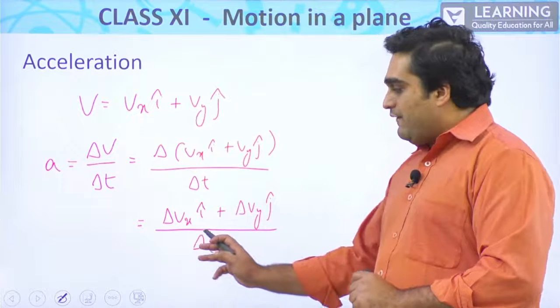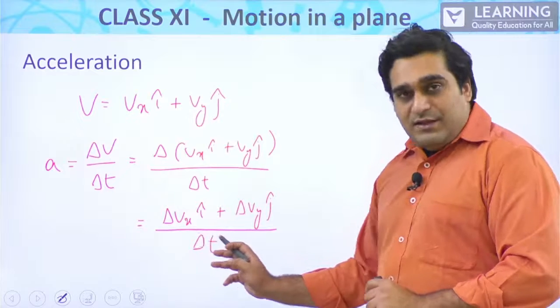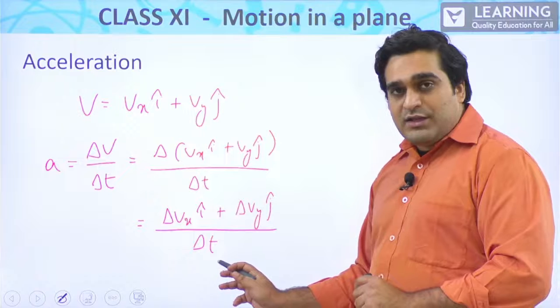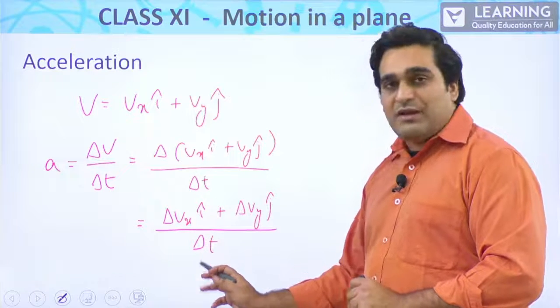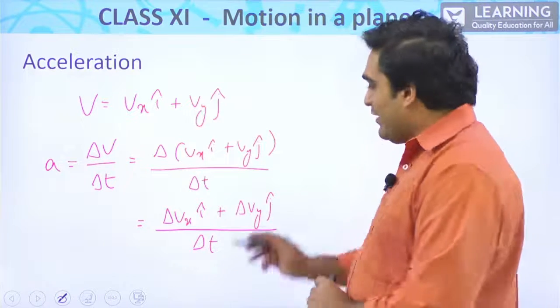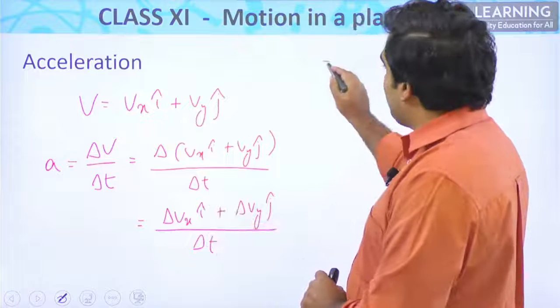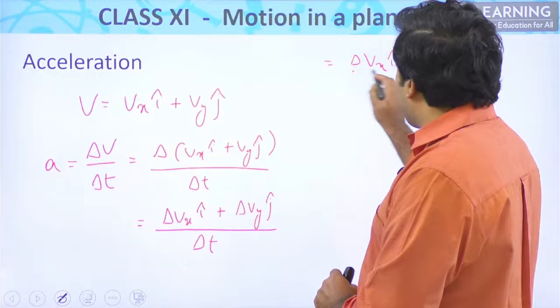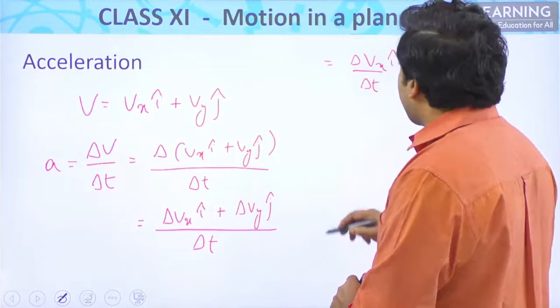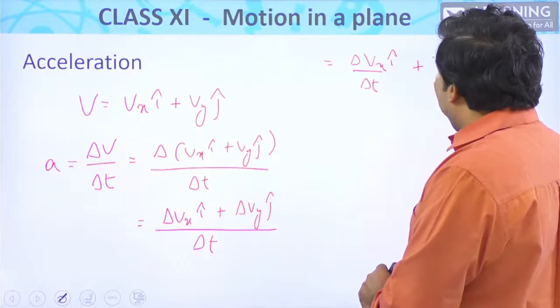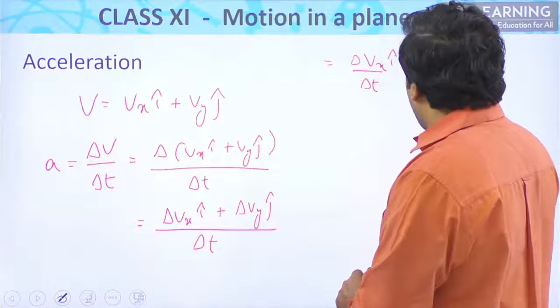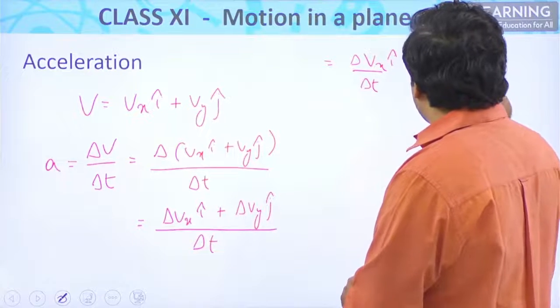Now that you have the LCM, which is delta t, these two terms will have the same denominator, which is delta t. So I will separate the terms as delta Vx i cap by delta t plus delta Vy by delta t j cap.